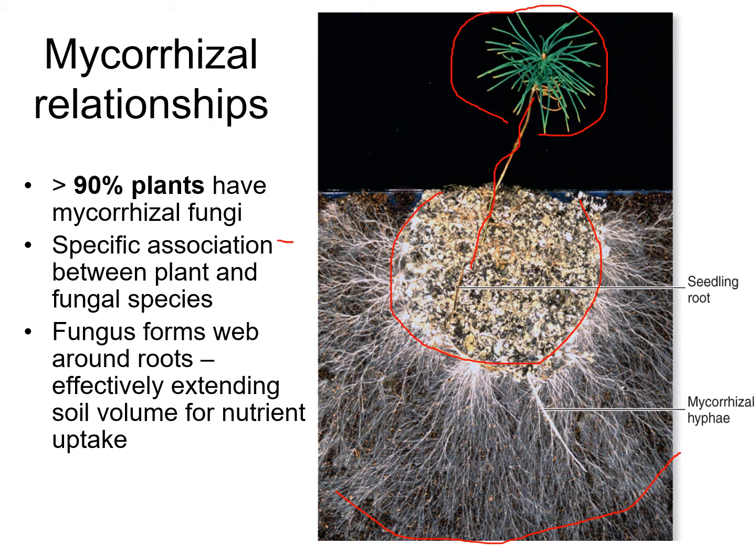The mycorrhiza gets a bigger and bigger volume of soil exploited, and nutrients all the way out here can make it to the plant roots, whereas the volume of soil that the plant's roots are actually connected with is much smaller. So this helps take up and exploit nutrients in a much larger volume of soil around each plant root area.